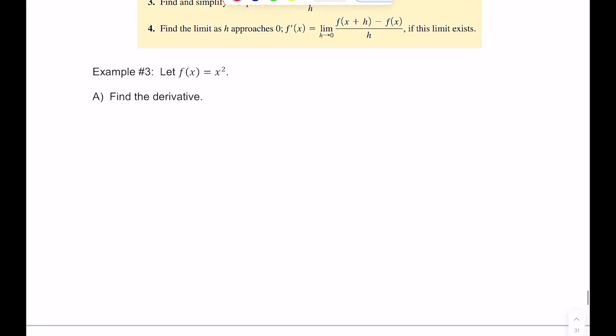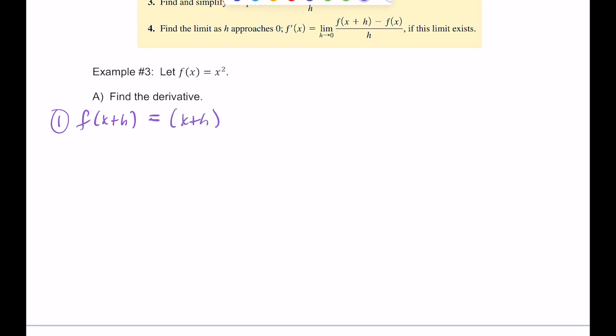So let's take a look at an easy function, f of x equals x squared. And let's say I want to find the derivative. Okay, so how would I go about doing that? So using the steps, the first thing I want to do is find f of x plus h. So all I'm going to do is substitute x plus h in for x there.